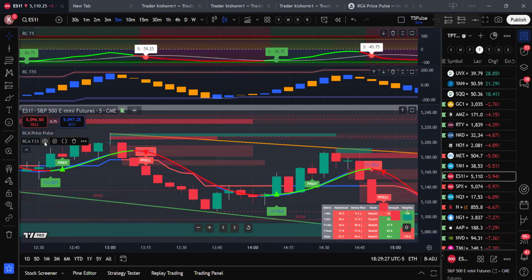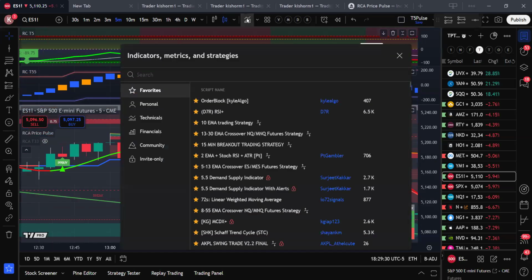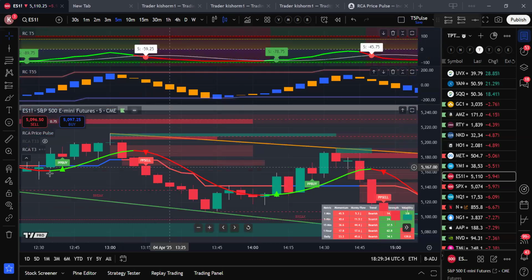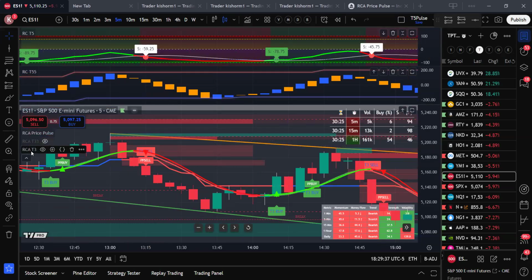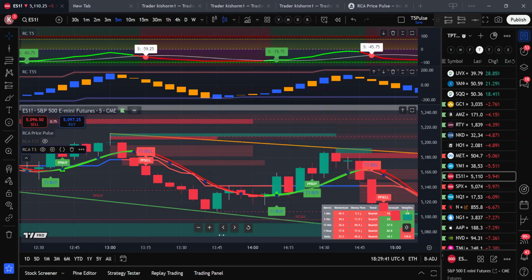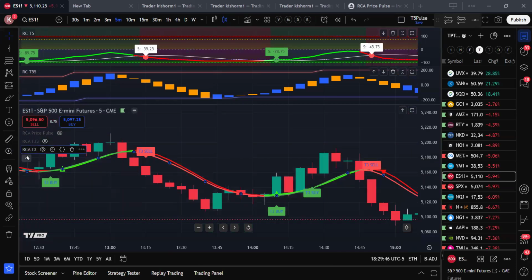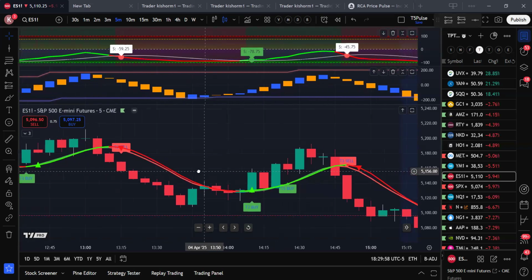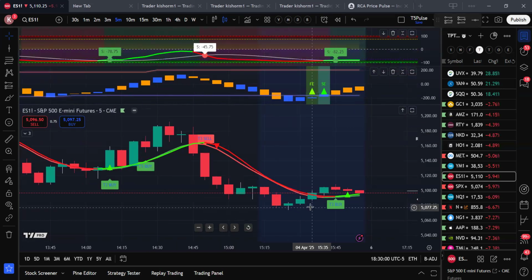Or I may have a T3. You saw the trend from price pulse. Now you know the trend is bearish, so all you want is to ignore the buy signals. Whenever you get a sell, take the sell signal. Again, you get a sell, take the sell signal.